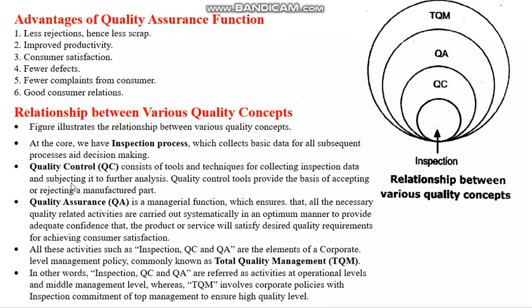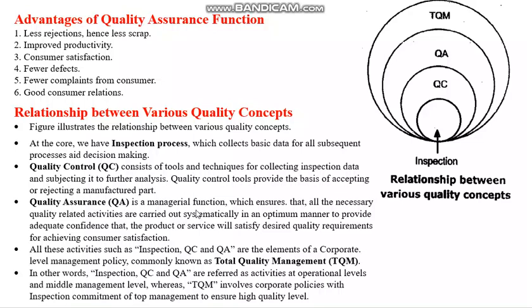Okay, see, at the core we have the inspection process, then quality control. It consists of tools and techniques for collecting inspection data and subjecting it to various further analysis. Quality control tools provide the basis for accepting and rejecting the manufactured part.